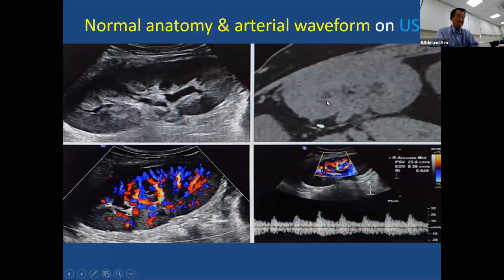You can measure the whole length, width, depth, and some collecting systems and cortical thickness. And with CT without contrast, it's not easy to see the cortical medullary junction. But in suspected stones, a non-contrast study should be obtained.